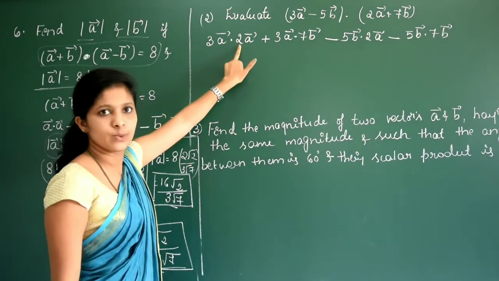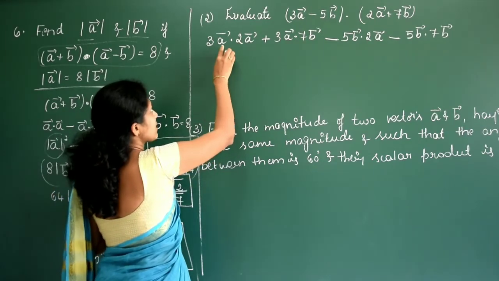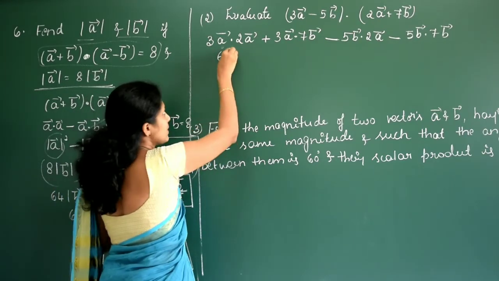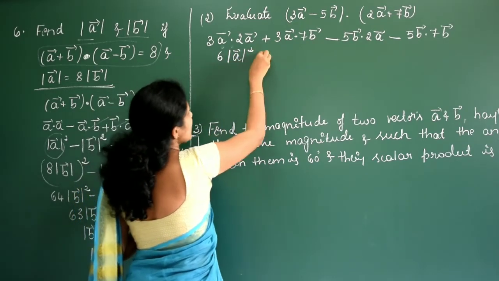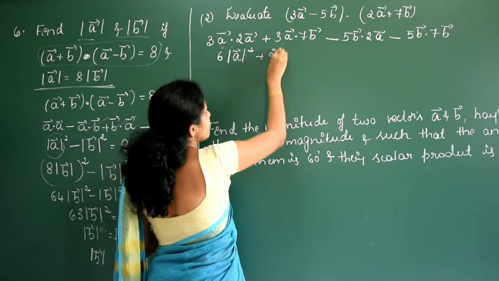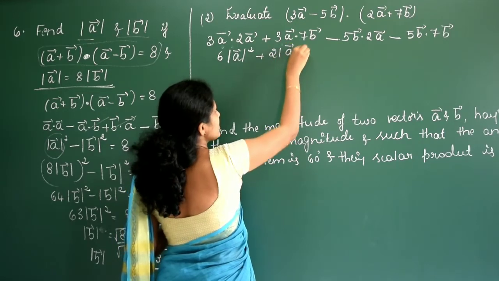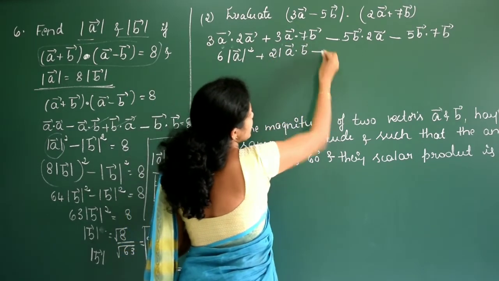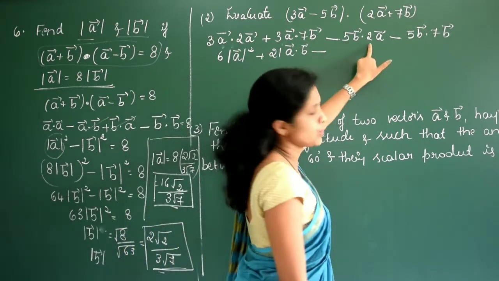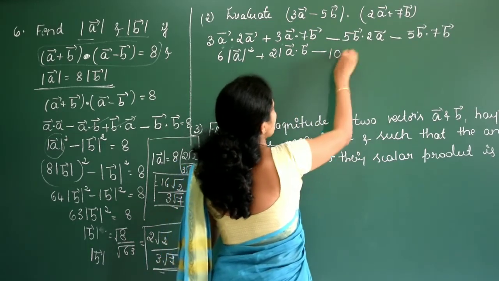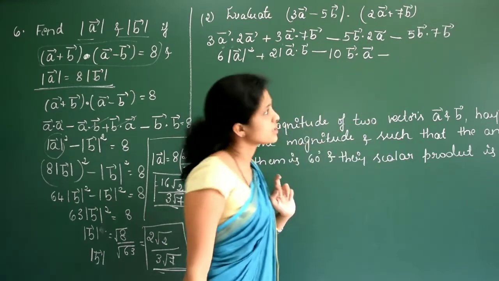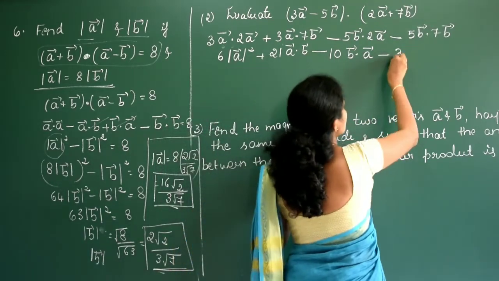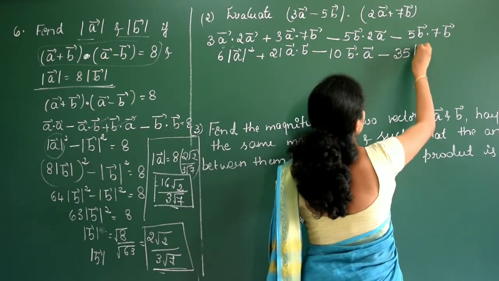Now 3 into 2 will be 6, and A vector dot A vector will be the magnitude of A vector squared. Here, 3 into 7 will be 21 A vector dot B vector. This is minus 5 into 2 will be 10 B vector dot A vector, minus 5 into 7, 35 magnitude of B vector squared.